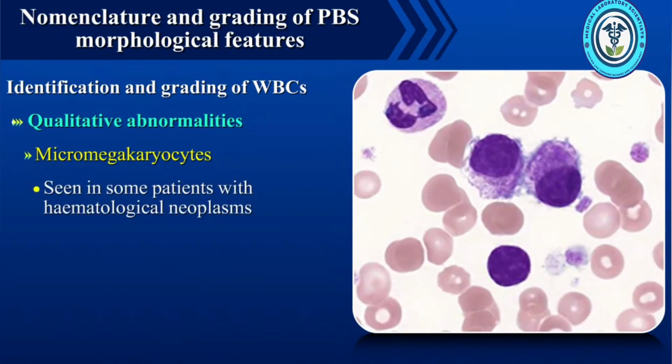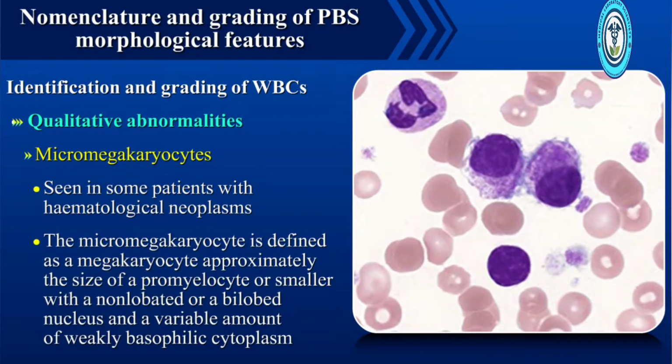Micromegakaryocytes are seen in some patients with hematological neoplasms. The micromegakaryocyte is defined as a megakaryocyte approximately the size of a promyelocyte or smaller with a non-lobated or a bilobed nucleus and a variable amount of weakly basophilic cytoplasm.